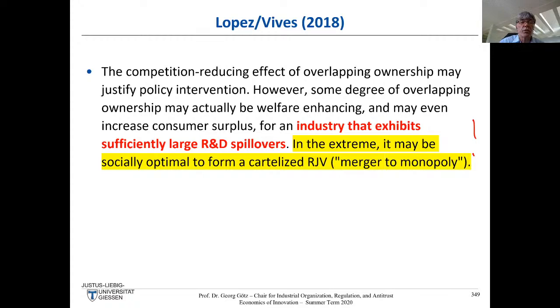So if both Daimler and BMW belong to the Quandt family, they will tell them, okay, don't be so aggressive against each other. And what Lopez and Xavier Vives come up with as a solution is that even a cartelized RJV or a merger to monopoly might be optimal.